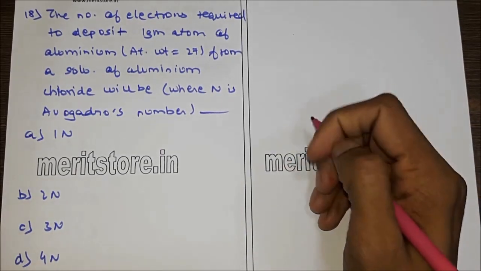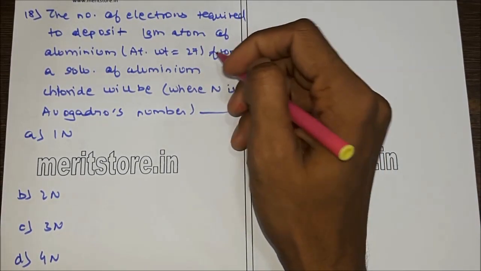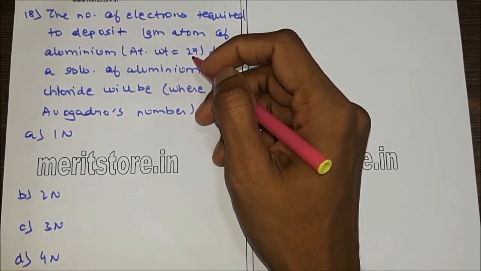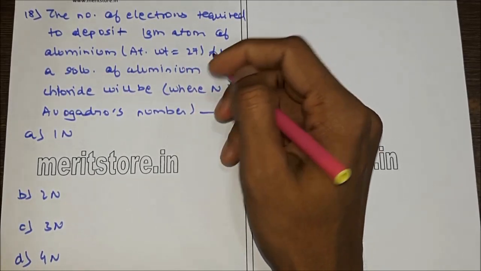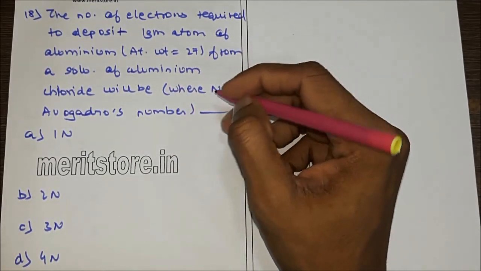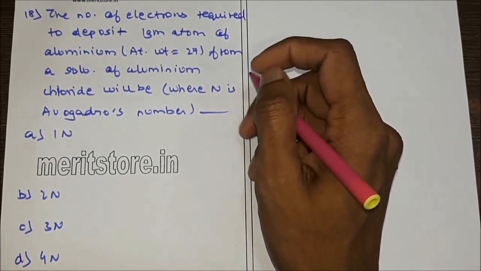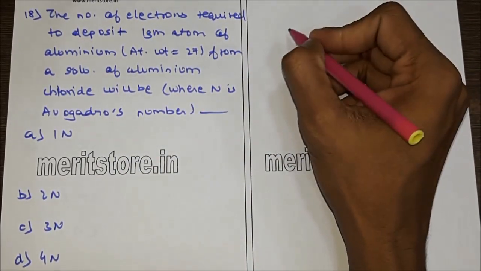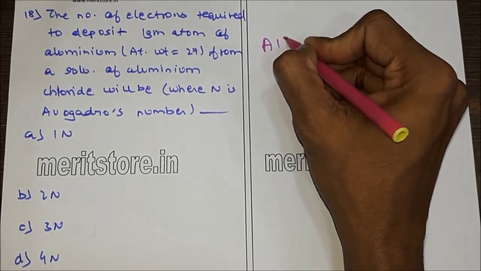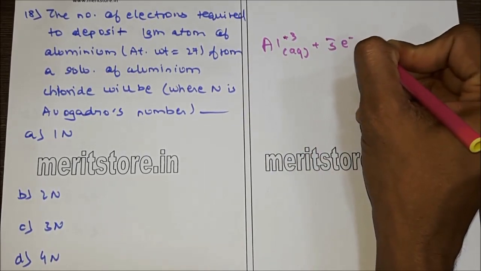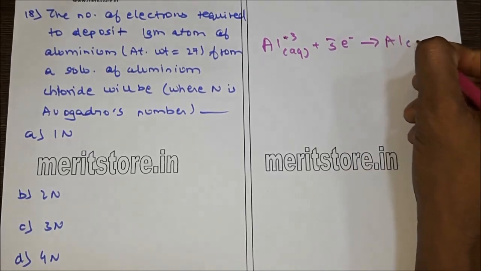Question 18. The number of electrons required to deposit 1 gram atom of aluminum, that is, atomic weight given as 27, from a solution of aluminum chloride will be, where N is Avogadro's number. We are given 4 options. Aluminum ion in aqueous solution accepts 3 electrons to form aluminum.